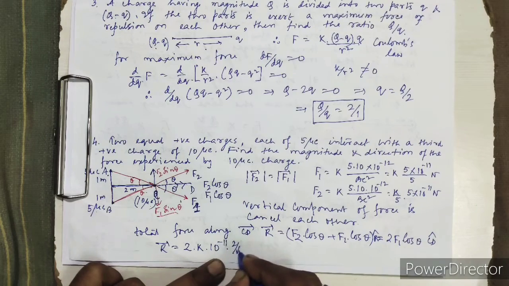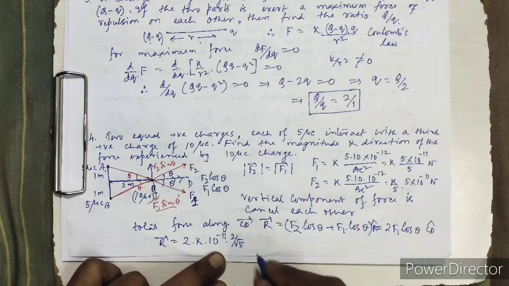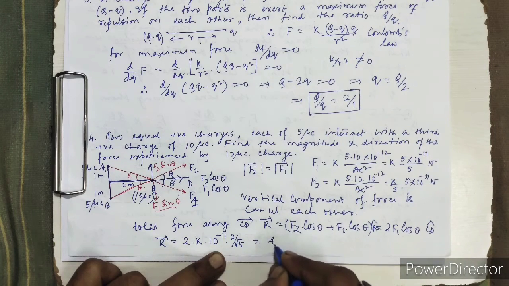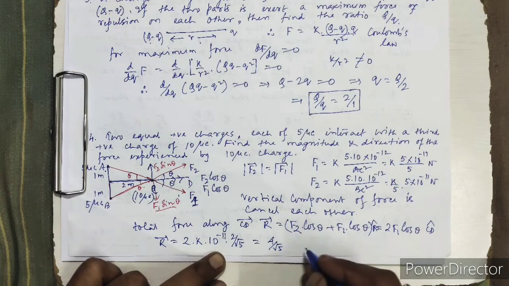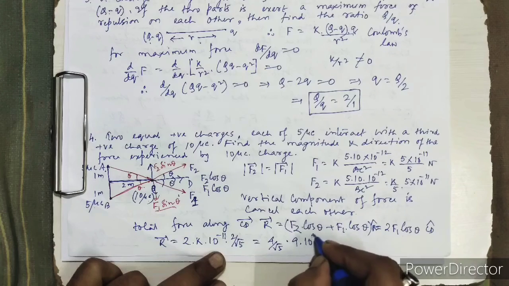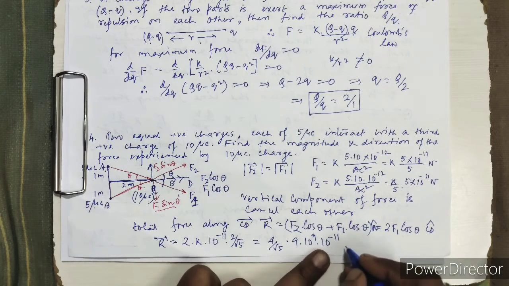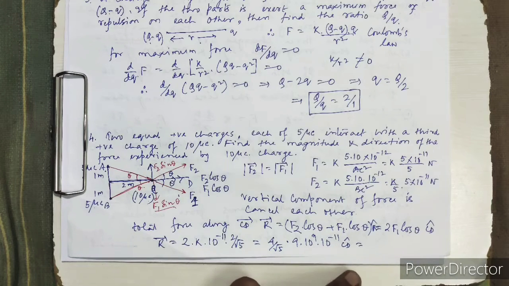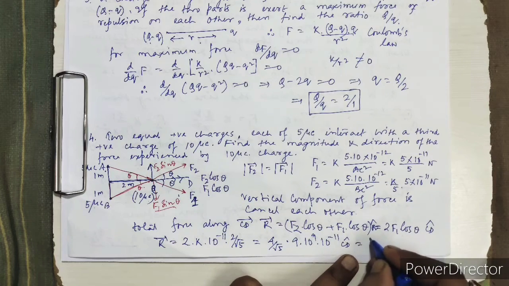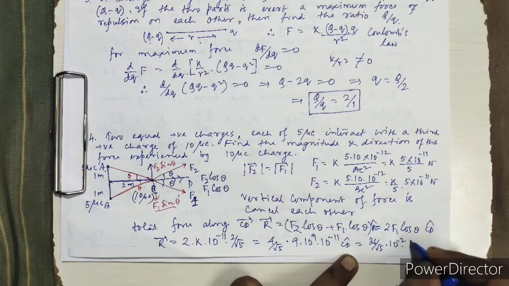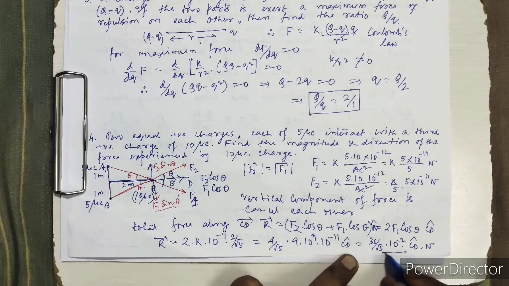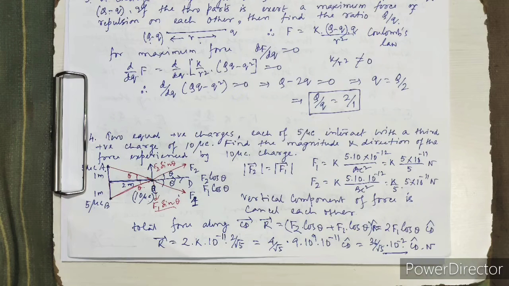Cos theta is 2 by root 5, that equals 4 by root 5 into 9 into 10 to the power 9 into 10 to the power minus 11 along CD, equals 36 by root 5 into 10 to the power minus 2 CD cap Newton. This is the final result.